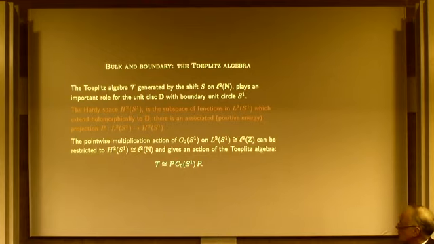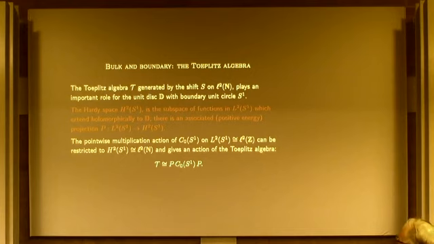Now, how do you work with bulk boundary? Well, the first version of this, due to Schulz-Baldes, Kellendonk and Richter, realized that you could use the Toeplitz algebra that we came across before, and just motivate that in a slightly different way.